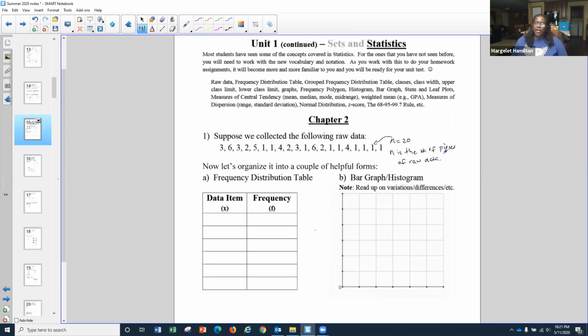N is the number of pieces of raw data you have. That's our N, okay?